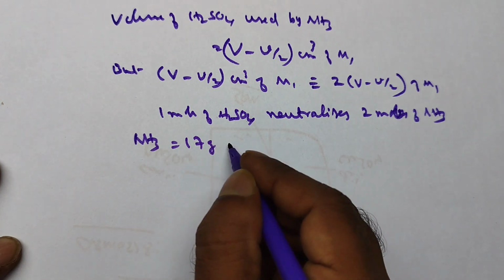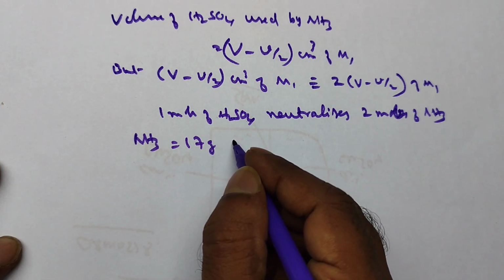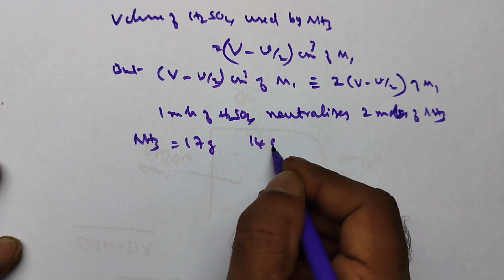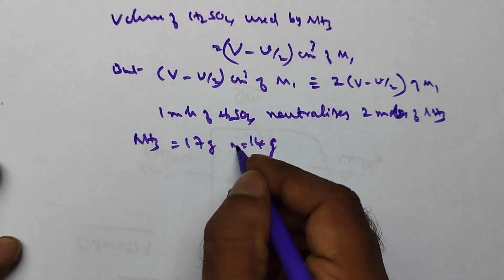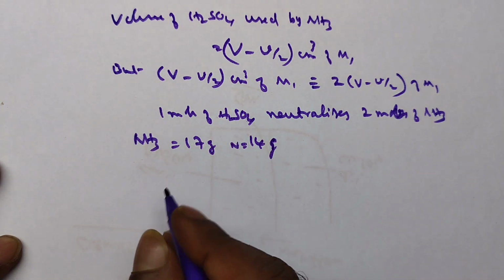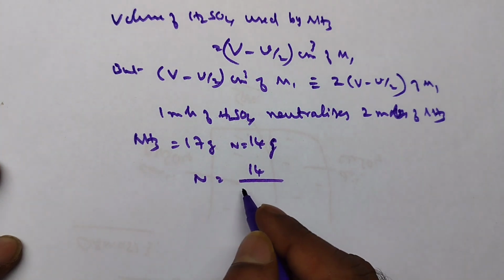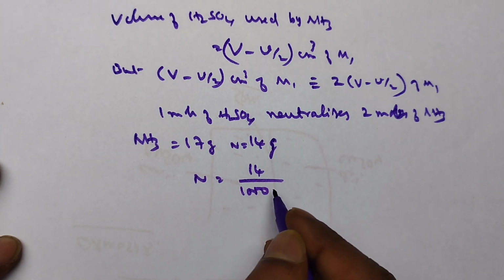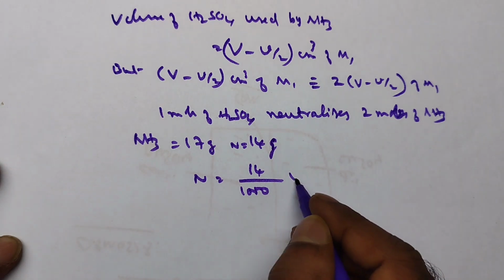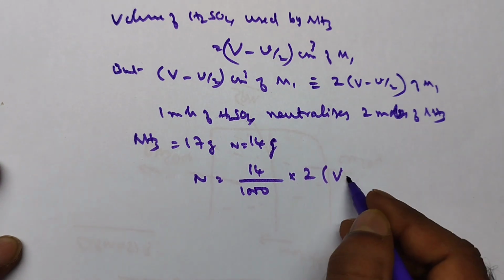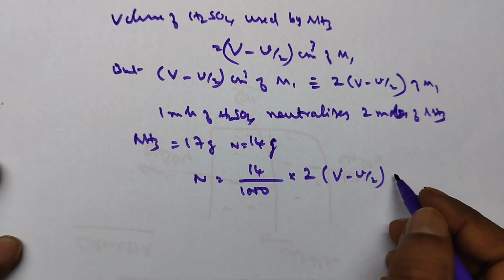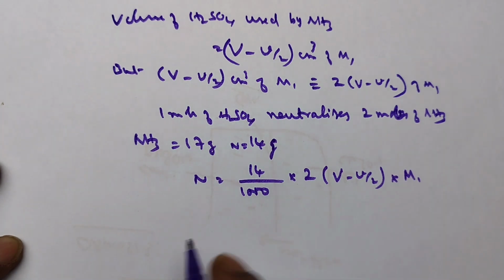In ammonia, the molecular mass is 17 grams, out of which nitrogen is only 14 grams. So nitrogen is equal to 14 divided by 1 liter, that is 1000 cm³ or ml, into 2 into capital V minus small v by 2 into M1.